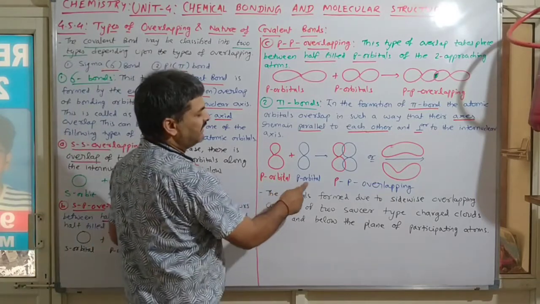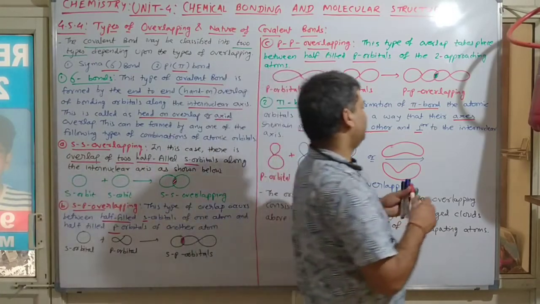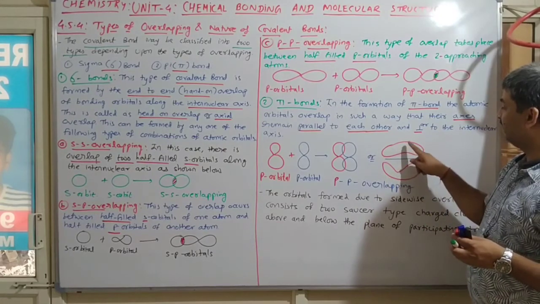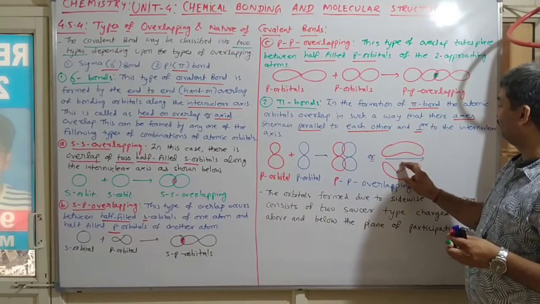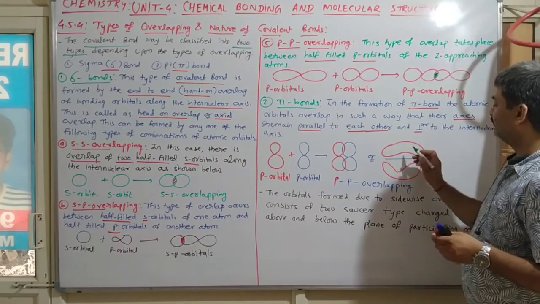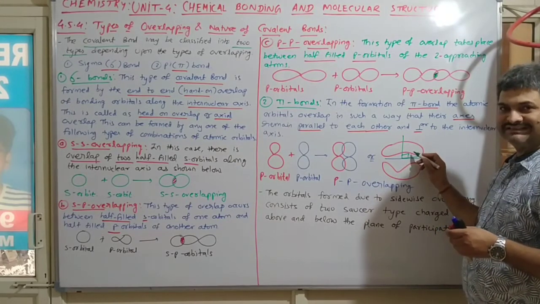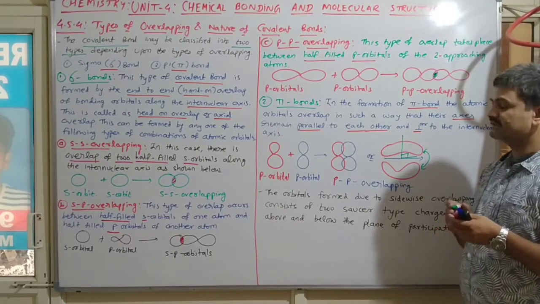Take p orbital, here overlapping will start. Look, this is the internuclear axis. Here parallel to each other, and perpendicular to internuclear axis means this. And if we talk about parallel, this one is normally known as parallel one.